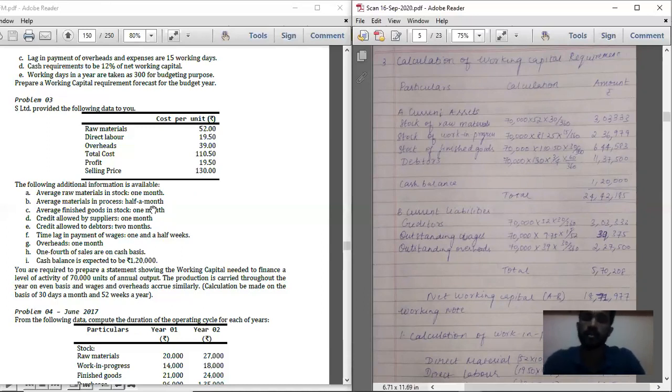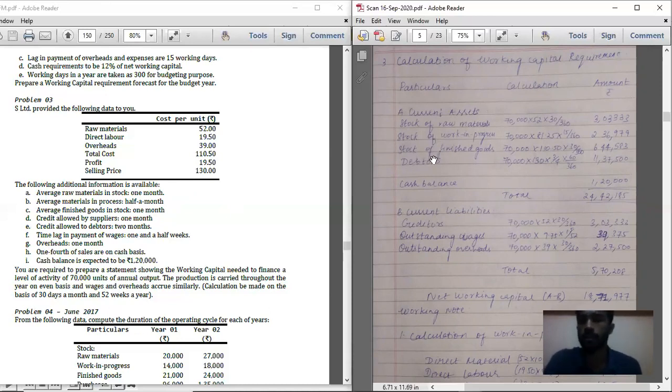So below that, put stock of finished goods. What is the time period they have given for finished goods? 1 month. What is the finished goods cost? Total cost 110.5. So with this we can calculate the stock of finished goods to be maintained.